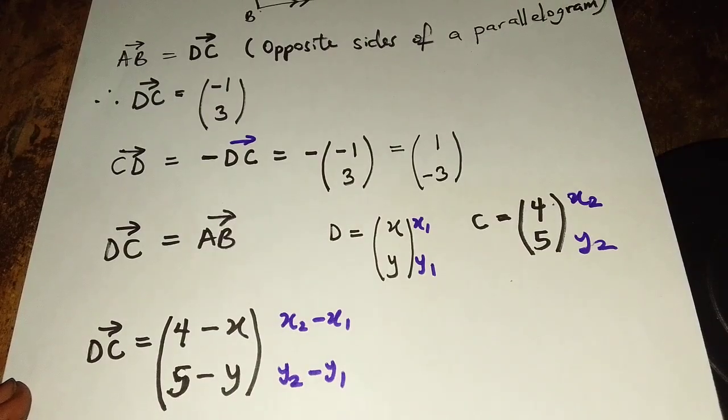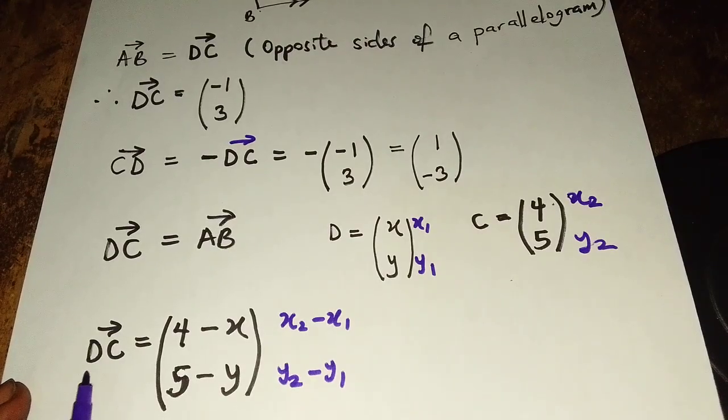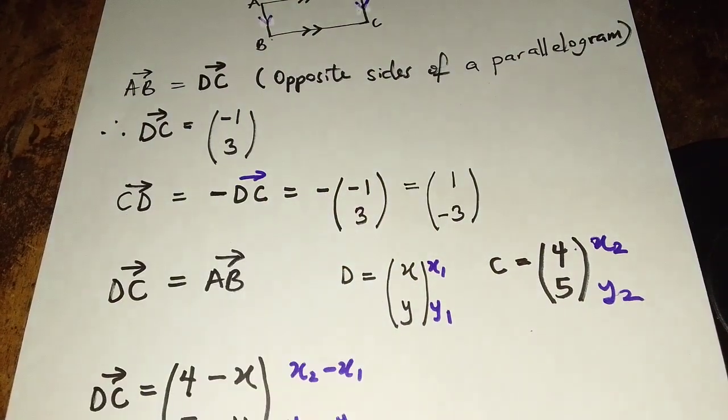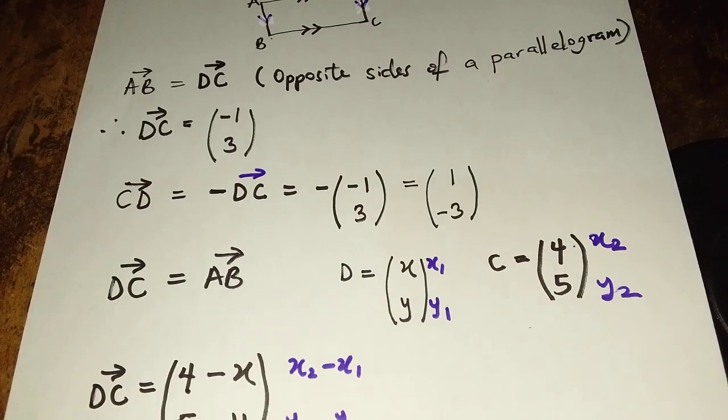So that means we've got it as a component like this: 4 minus x and 5 minus y to be DC. Now, since we know that our DC is equal to AB, what we have to do is to equate.